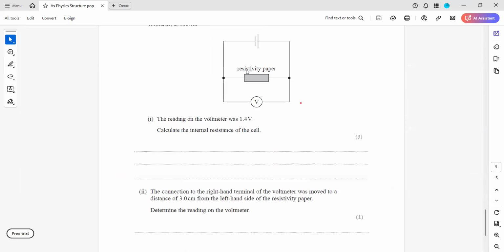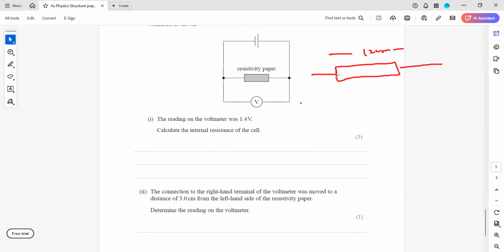This total resistivity paper was having a length of 12 centimeter. This was the total length. And the connection to the right terminal of a voltmeter was moved to a distance of 3 centimeter from the left-hand side of the resistivity paper.